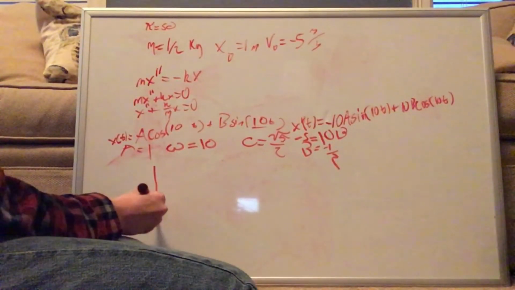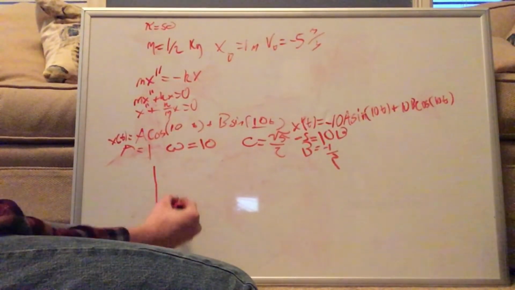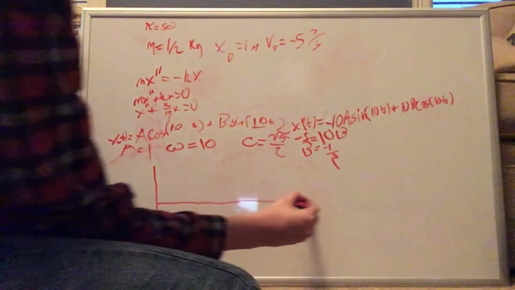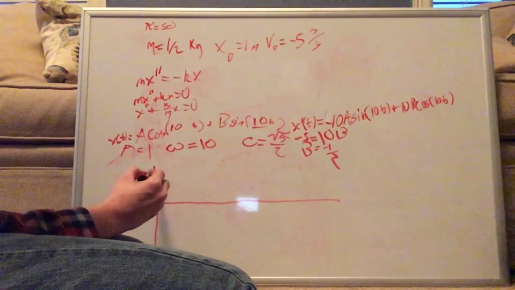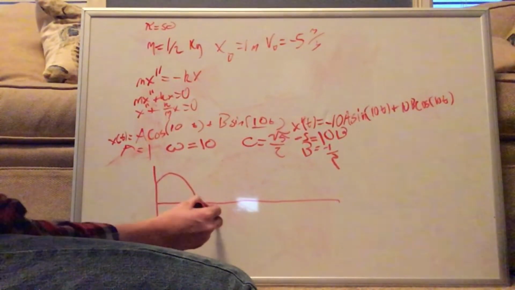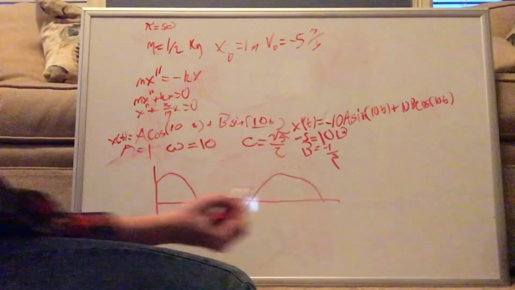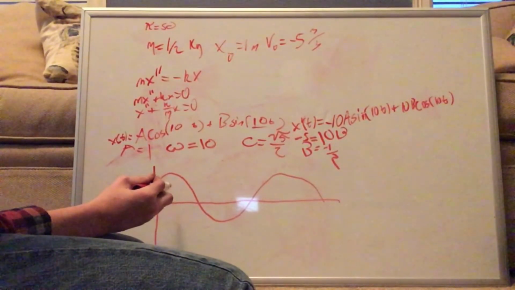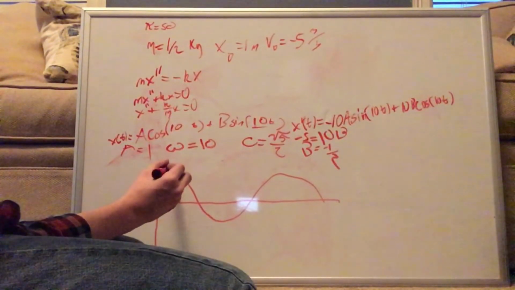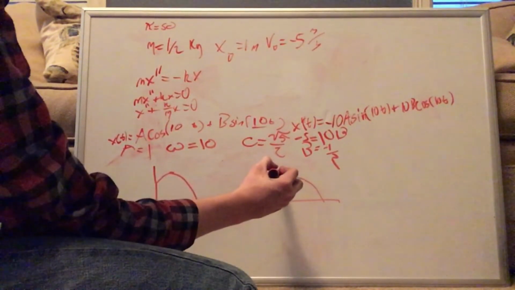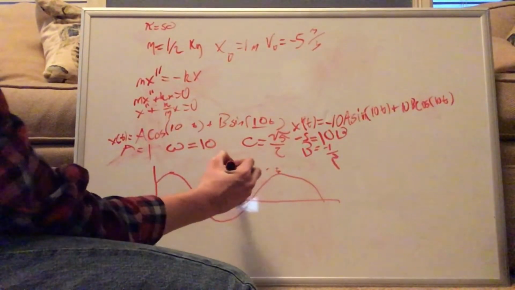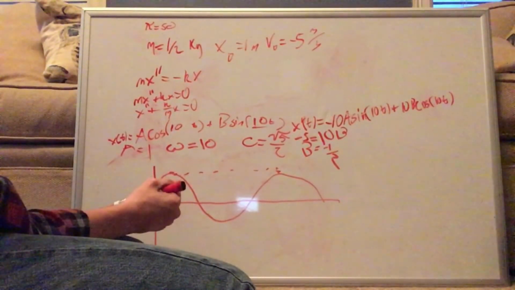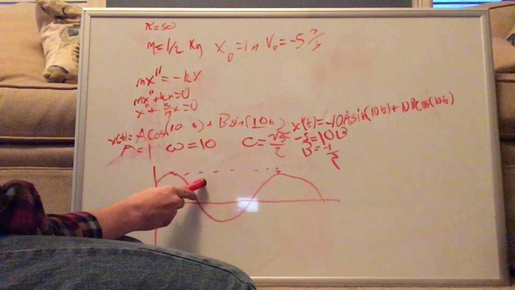If I have this, okay, so y-axis, x-axis, and then I have some function like that, right? So from here to here, that's the period.